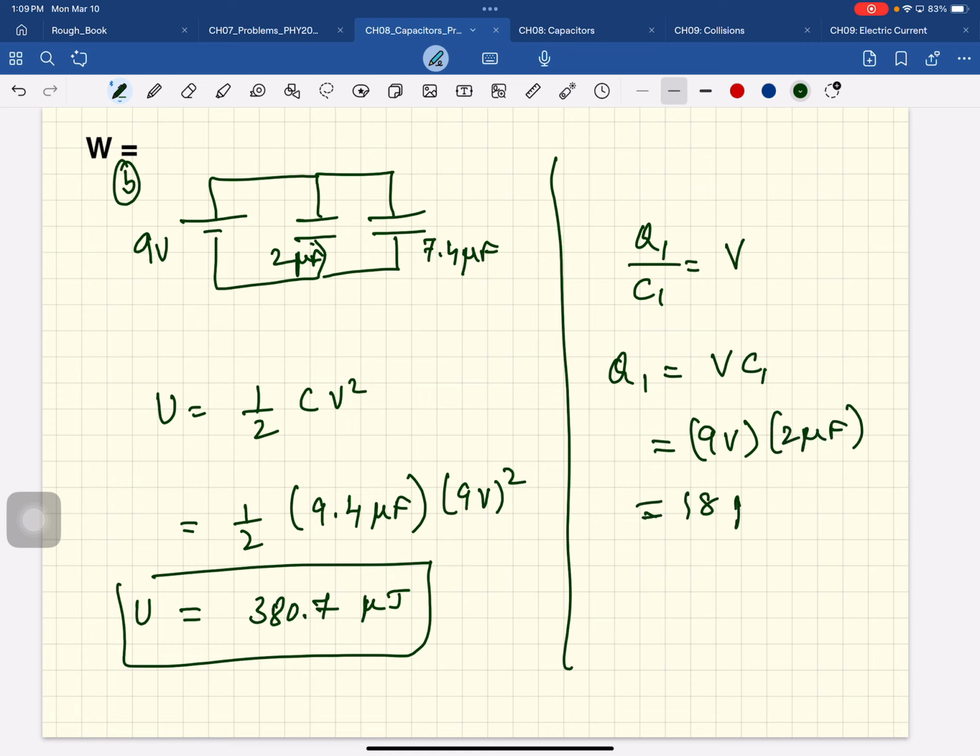And similarly, Q2 is 9 volts times 7.4. So 9 sevens are 63, and 9 times 4 is 36, so 66.